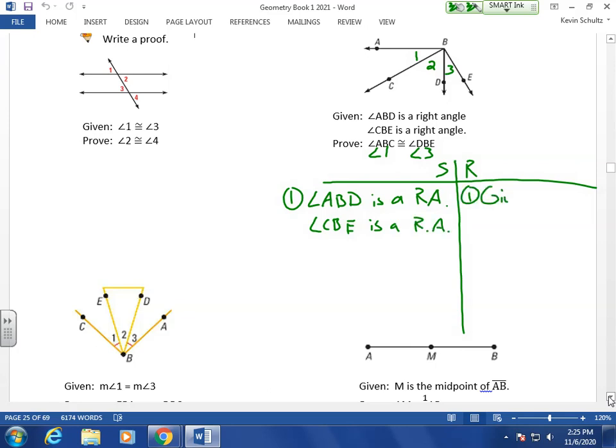And that is because they are given to us. So I've abbreviated right angle to be RA, just to save some space. If you want to write the full words out, fine. If you know what RA stands for, if you're going to look at it later, maybe you want to circle this and just write RA here so you know what you're talking about, but just to save some space. Okay.